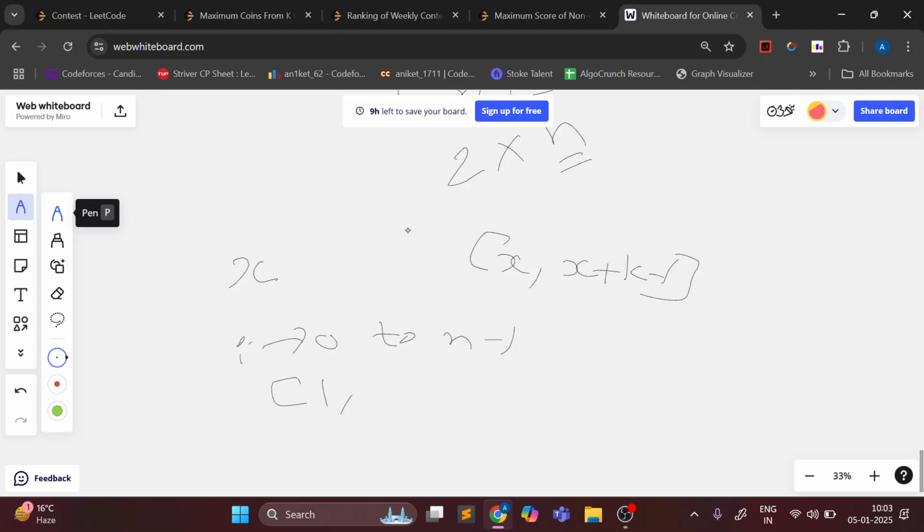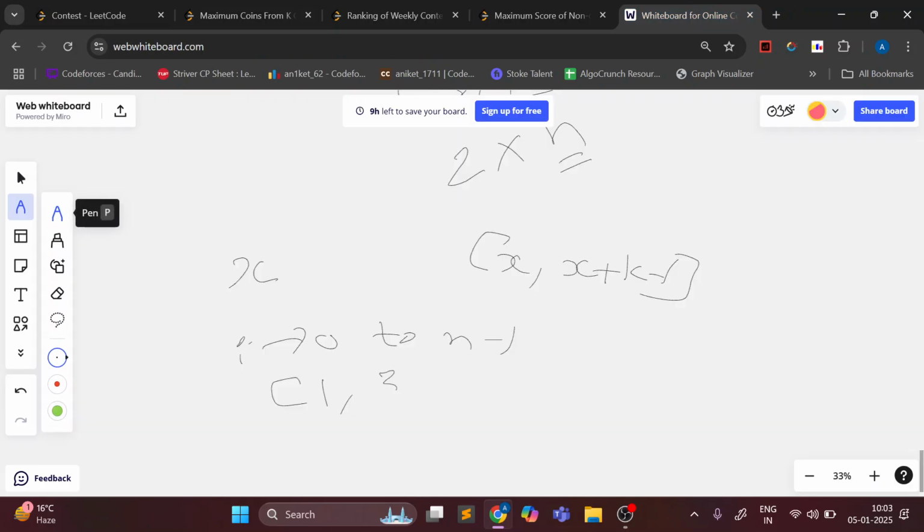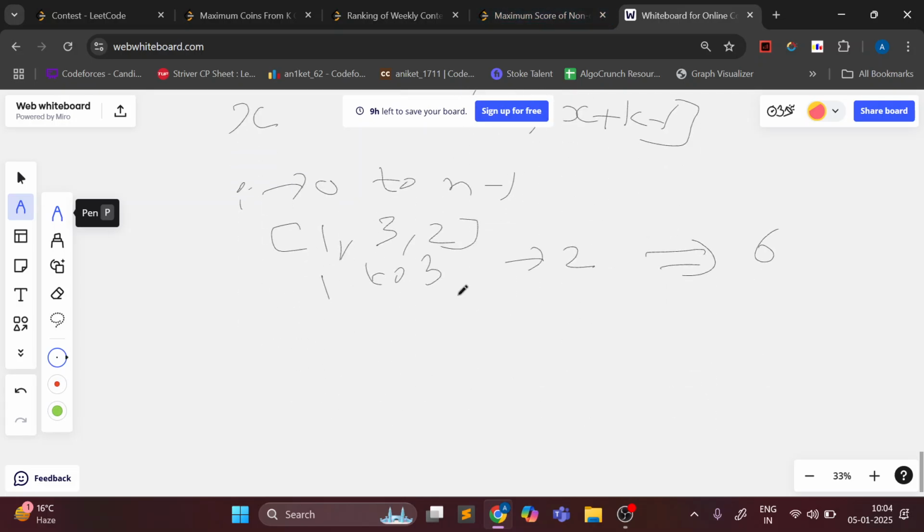So 1, 3, 2 is one of the intervals. So 1, 2, 3, and each has 2 coins, so its whole contribution would be 6. Similarly, 5 to 6 with 4: 2 elements, each having 4 coins, so the contribution of that interval would be 8.